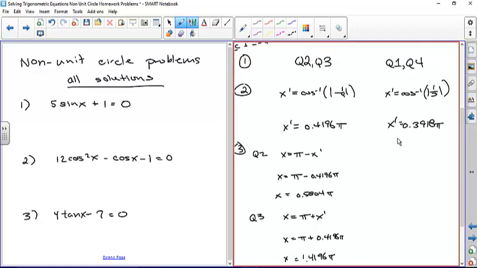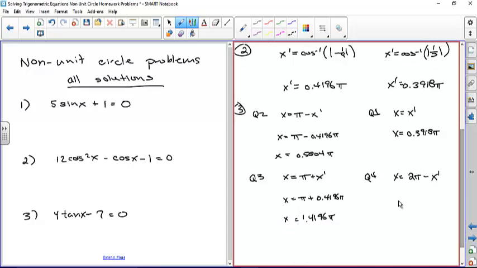And then I've got my first quadrant solution, which is always easy because it's just equal to the reference angle. So my first quadrant solution is 0.3918 pi. And then my fourth quadrant solution is 2 pi minus the reference angle. For this group, the reference angle is 0.3918 pi.